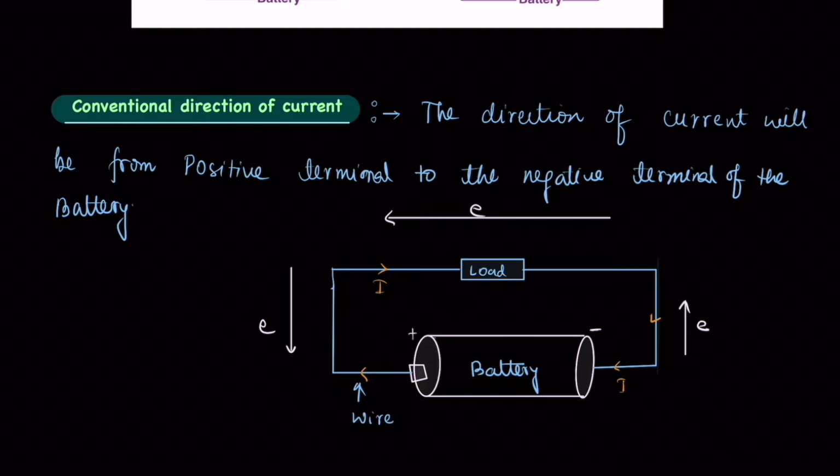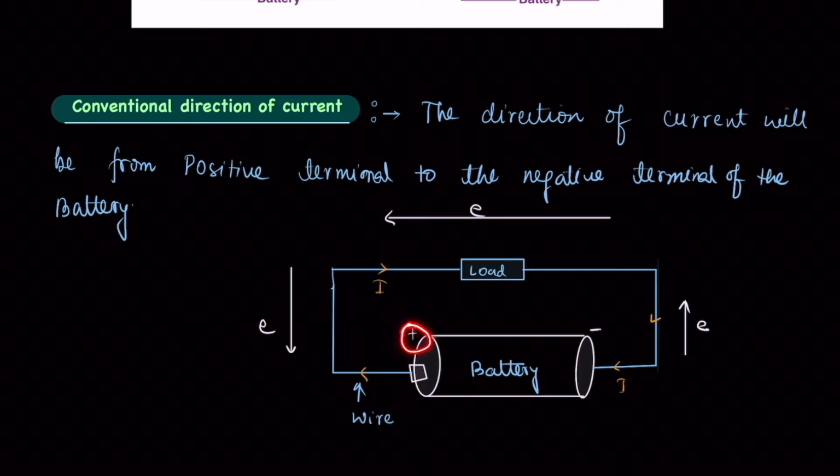But what happened previously, scientists thought that protons are responsible for the formation of the charge, meaning protons are moving from one body to another body. At that time electrons were not discovered. So they considered protons, which is a positive charge, as the moving charge. So that's why protons are present on the positive terminal.